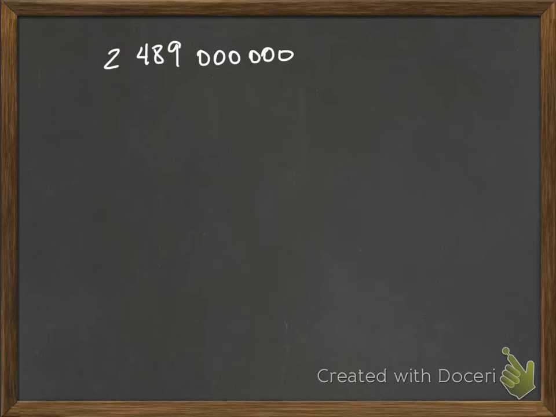A lot of times they'll tell you how many decimal places you need. If I wanted 3 decimal places, I would put my imaginary decimal here, so it would be 2.489, and then 1, 2, 3, 4, 5, 6, 7, 8, 9. So this would be times 10 to the 9th, because there are 9 of those.